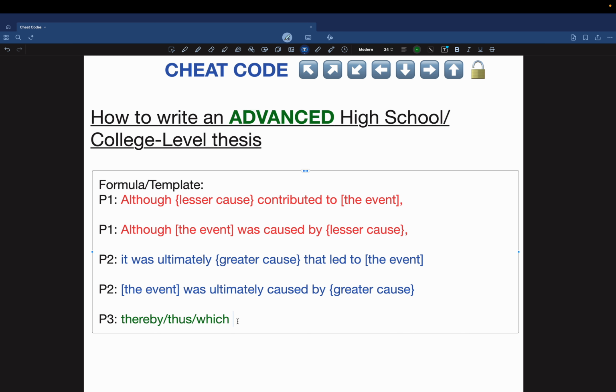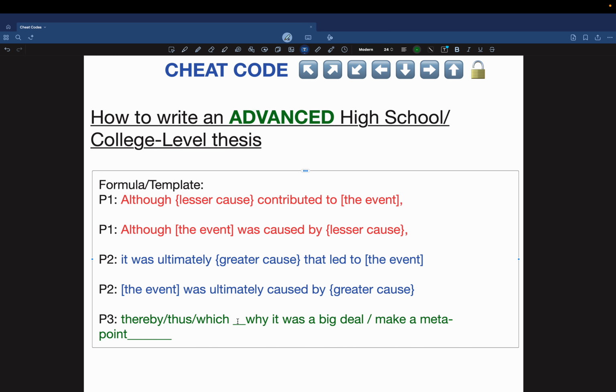How do you end it? You write why it was a big deal, or you can make a meta point about the topic or the cause.